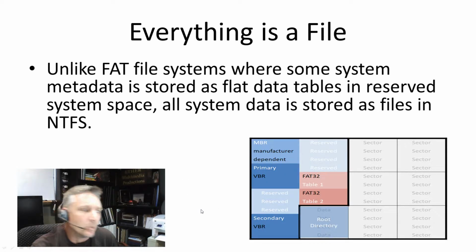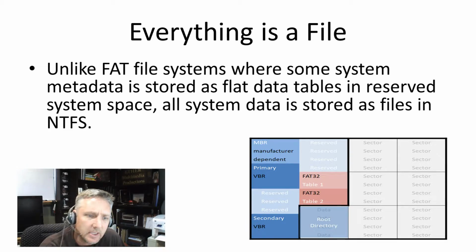One thing you need to know is that in the NTFS file system, unlike the FAT file system, everything in NTFS is a file. If you recall from the FAT file system, there's a whole chunk of the disk reserved at the beginning for system data. You had your volume boot record, then some reserved space, then your file allocation tables.